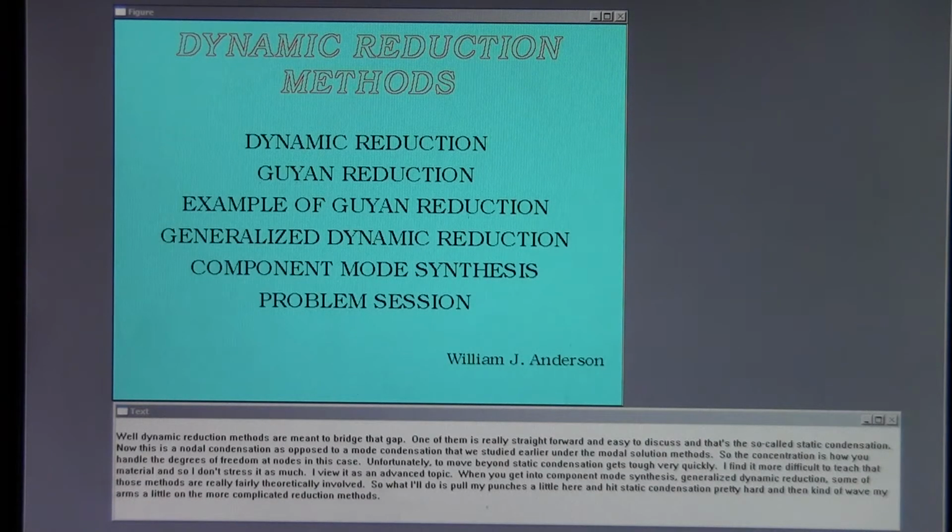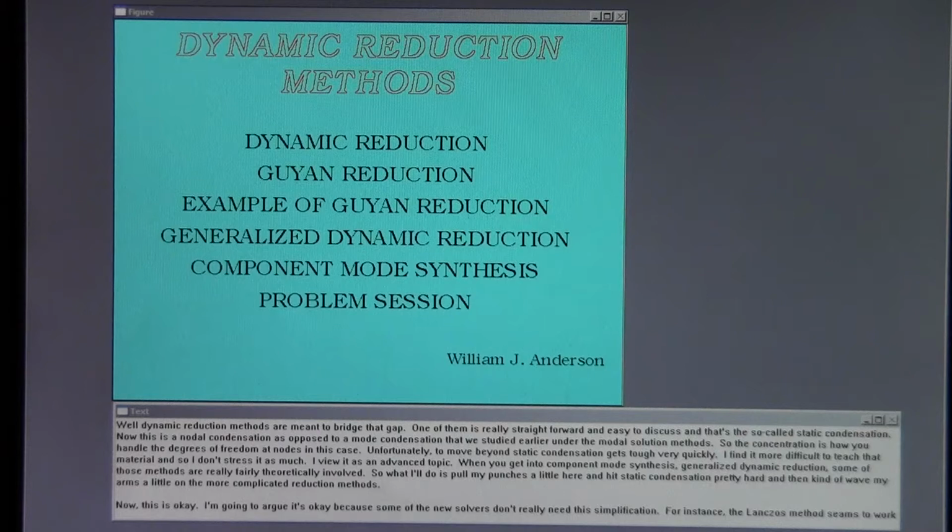One of them is really straightforward and easy to discuss, and that's the so-called static condensation. Now, this is a nodal condensation as opposed to a mode condensation that we studied earlier under the modal solution methods. So the concentration is how you handle the degrees of freedom at nodes in this case.